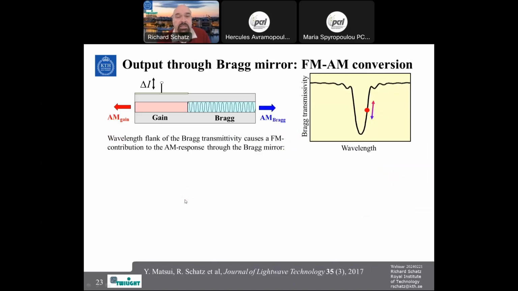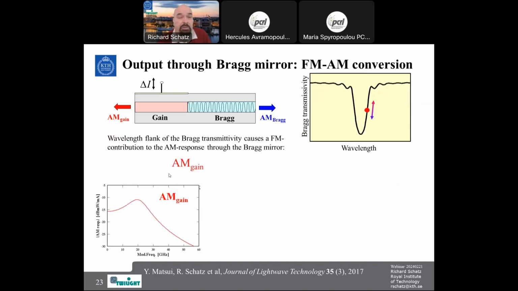To understand why it is like this, look at the AM response from the left section. From the Bragg section on the right, the response will not only be AM, it will also depend on the FM response, because when the frequency of your device changes, the transmission of your mirror will change.